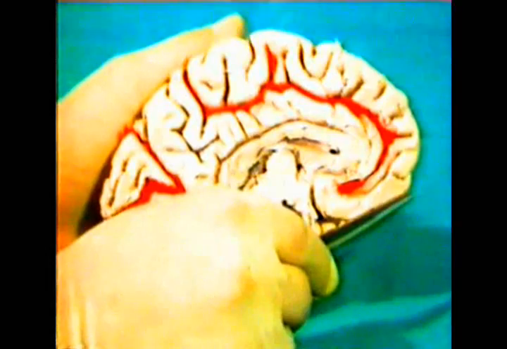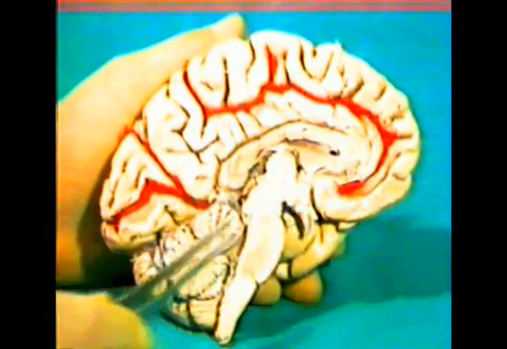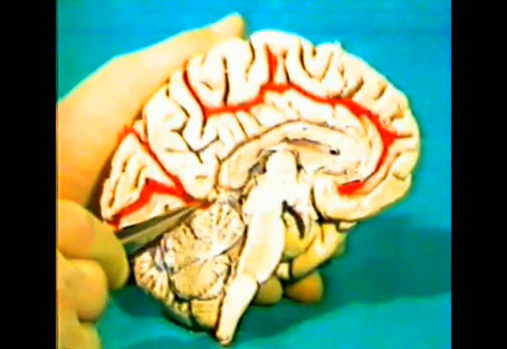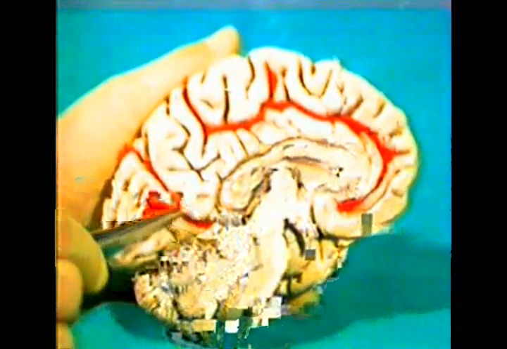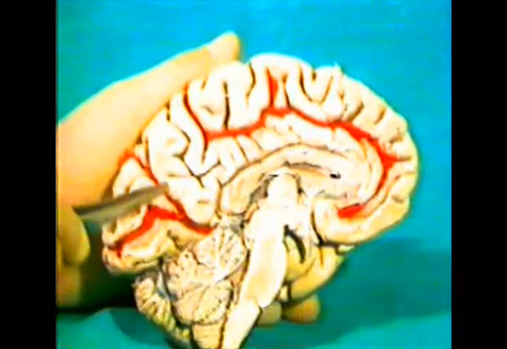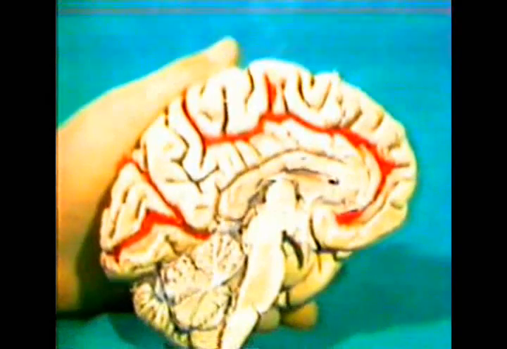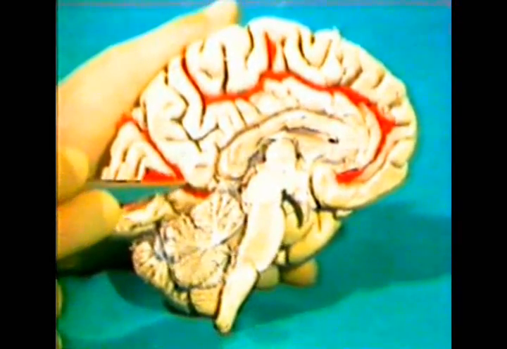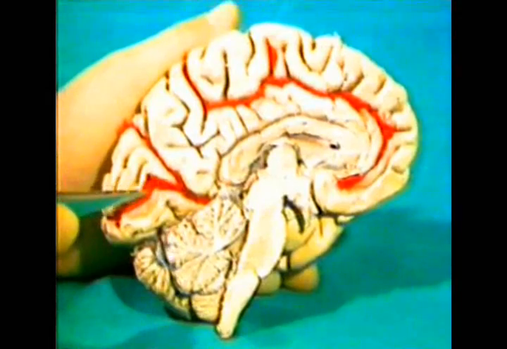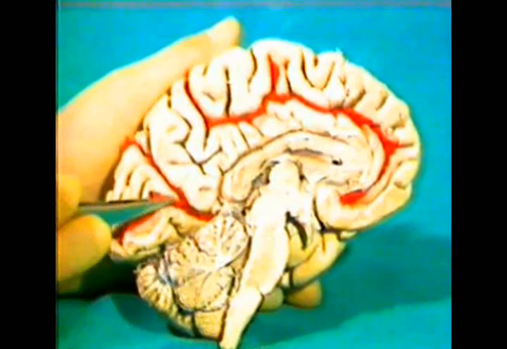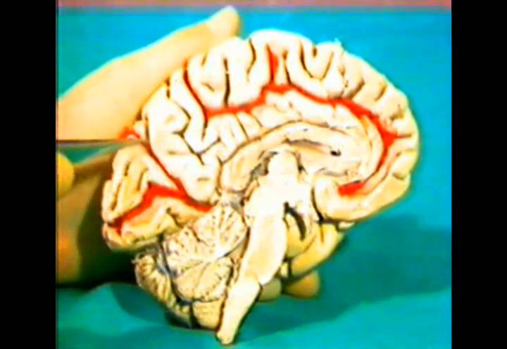This is the calcarine sulcus, with its two rami, thus forming a Y-shaped arrangement. It transmits the posterior cerebral artery. The continuation of the calcarine sulcus to the occipital lobe is called post-calcarine sulcus, while its ramus, which runs up to the superior border, is the parieto-occipital sulcus.